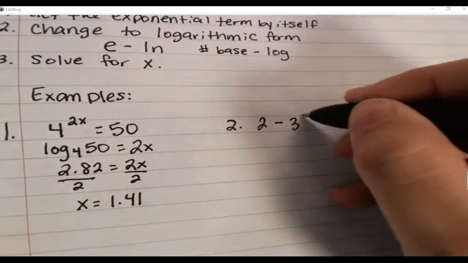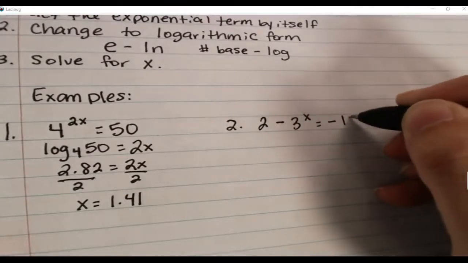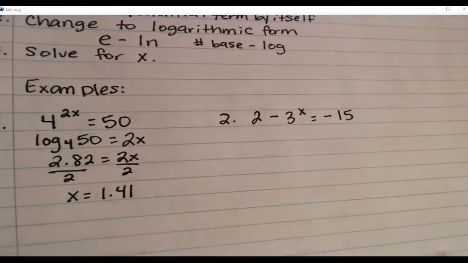Let's say we have 2 minus 3 to the x equals negative 15. So in this one, we want to get the exponential by itself.